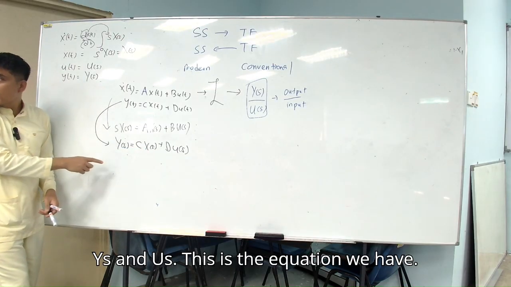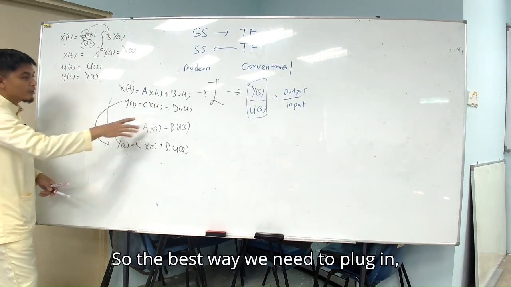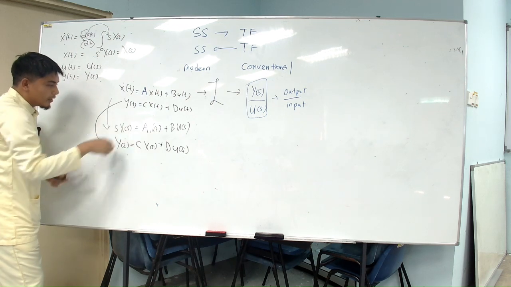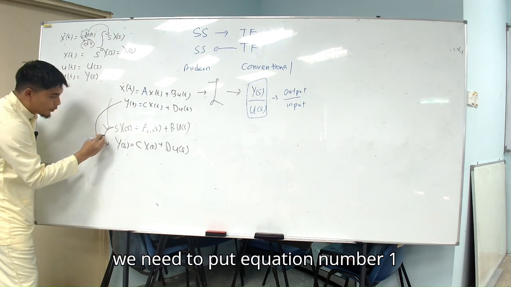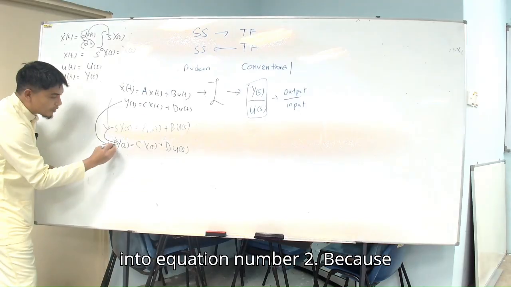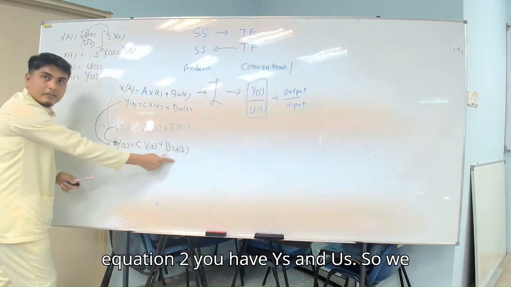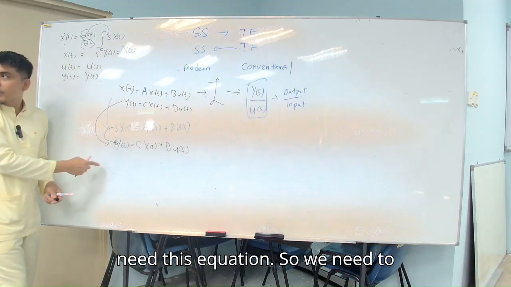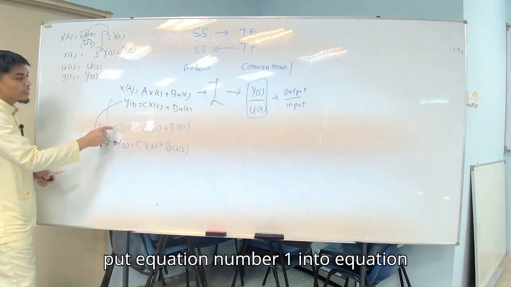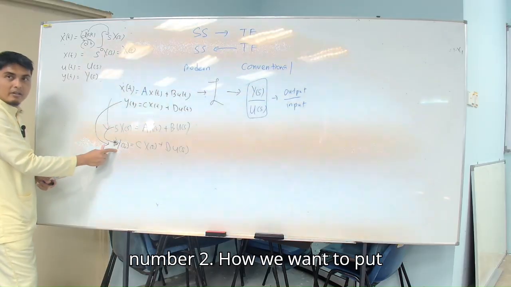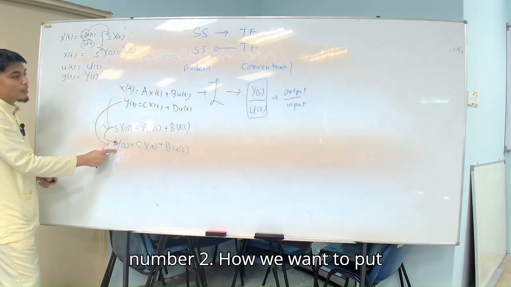This is the equation we have. So the best way, we need to put equation number 1 into equation number 2, because equation 2 has Y(s) and U(s). How do we want to put it?